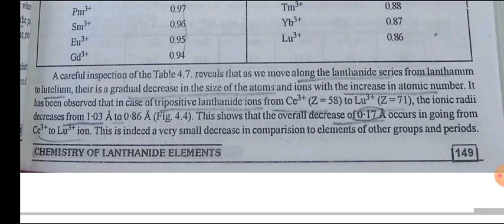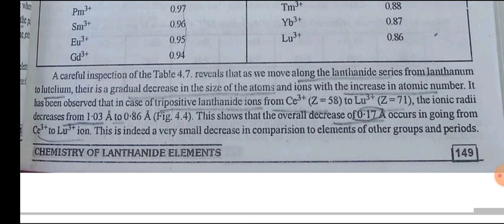It has been observed that in the case of tripositive lanthanide ions from Ce3+ to Lu3+, the ionic radii decrease from 1.03 angstrom to 0.86 angstrom. This shows that an overall decrease of 0.17 angstrom occurs in going from Ce3+ to Lu3+ ion.